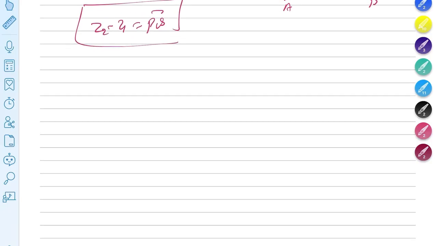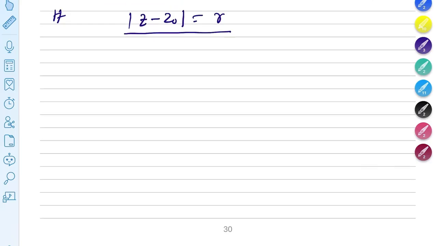Since you have an idea about how to think of the complex number as a vector, let's talk about the very basic locus of a complex number, that is mod of z minus z naught is equal to r. This is a very fundamental locus of a complex number.